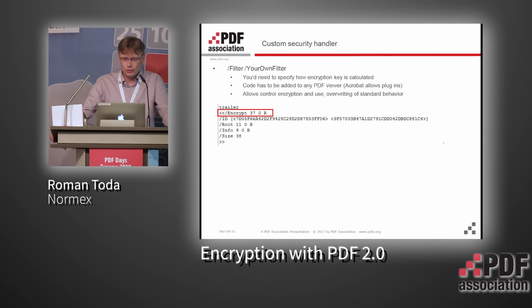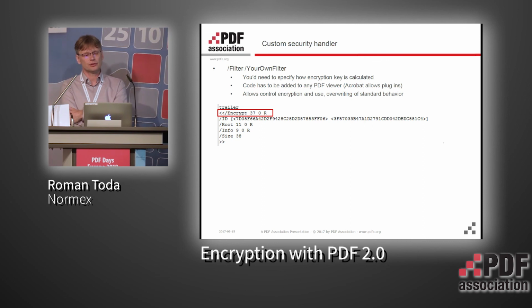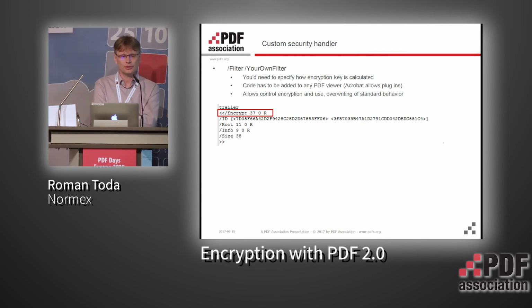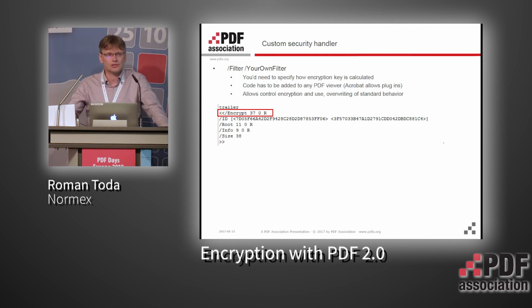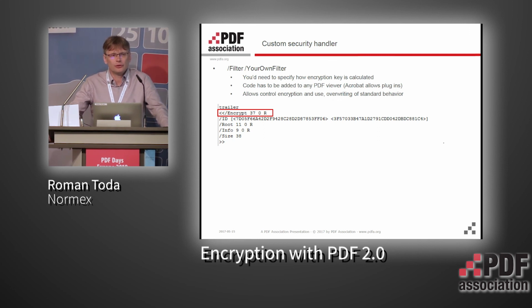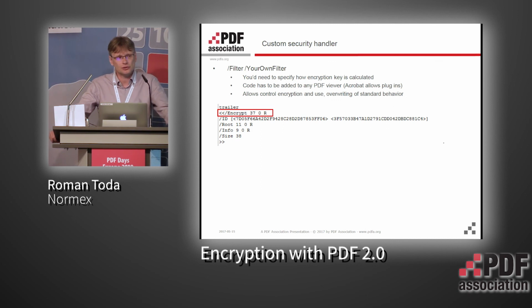There is another way, where companies that are dealing with security are coming up with custom security handlers. It is something that is outside of the scope of the PDF specification. It uses the power of Adobe Acrobat and its SDK, as well as other SDKs.